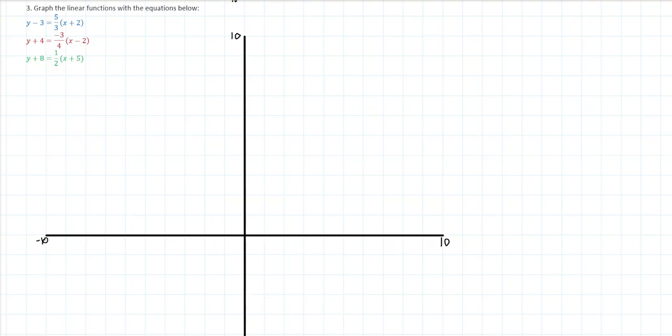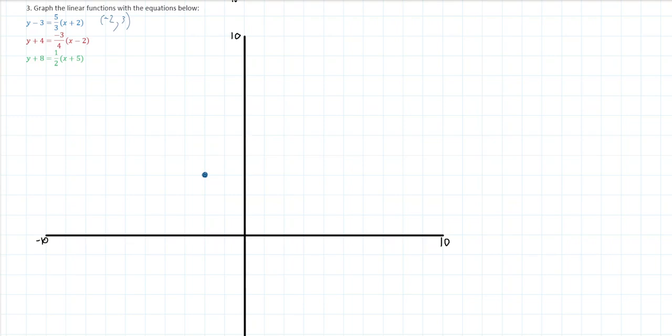So here, our point is going to be negative 2, 3. So negative 2, 3, this is our point for that first function, the blue function.